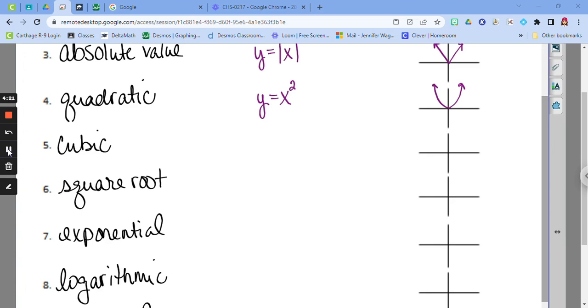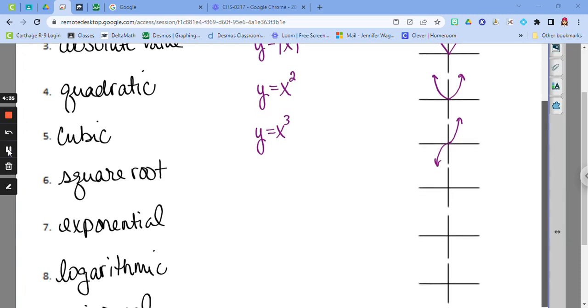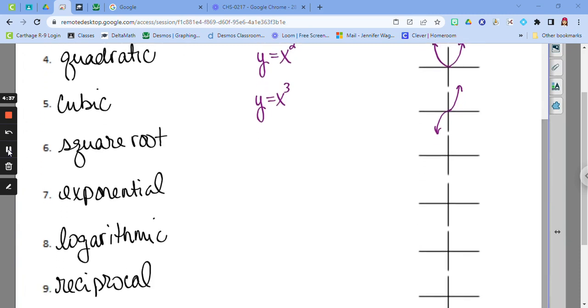Cubic, you have something similar, except it curves in both directions. Square root is the inverse of your quadratic function, and we'll be using that fact to come up with its graph.